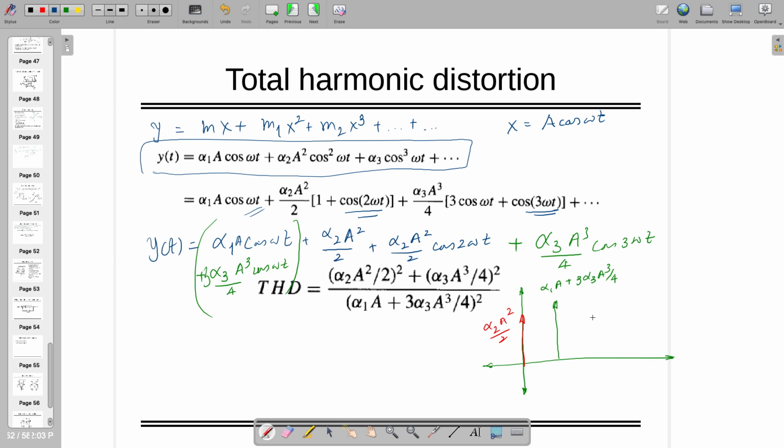Here, alpha 2 a square by 2, and the third will be alpha 3 a cube by 4.